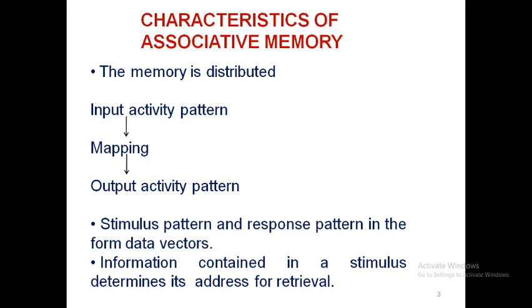And the response pattern, instead of telling only one particular thing about that person, such as that he belongs to that particular branch, can also say that he is sitting in the front, or the last but one row on the left side or right side. So a particular response pattern also we get with these associative memories.